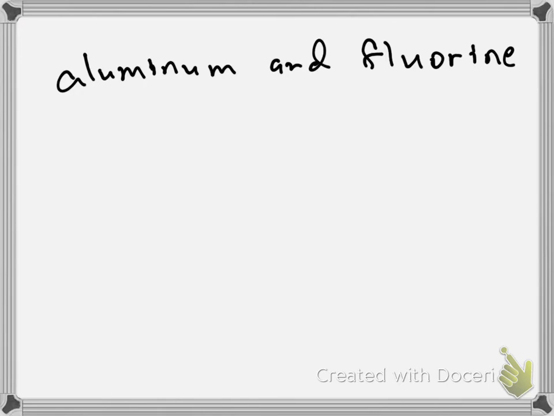Now, let's take a look at aluminum and fluorine. Aluminum is Al, and when you look at the top of that row, it's a +3 charge. Fluorine is F with a -1. Now, +3 and a -1 don't cancel each other out.